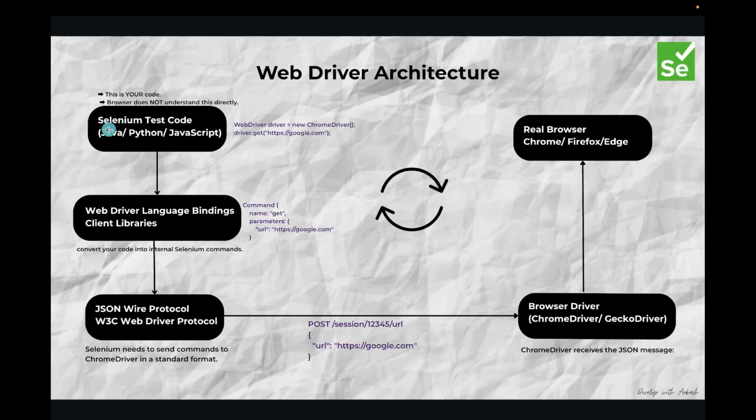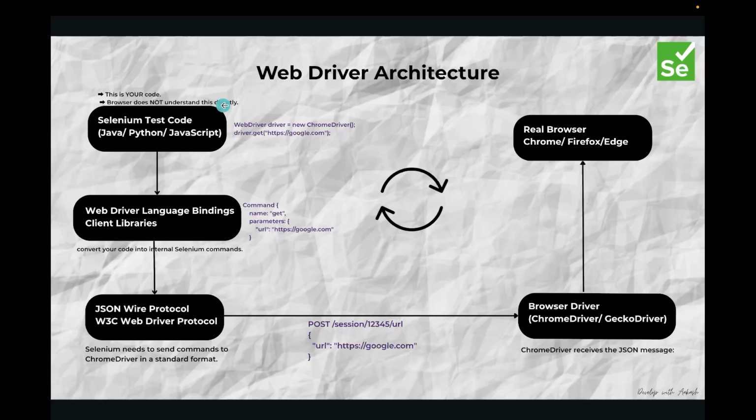Alright, so the architecture starts from here and it ends up here. So how does every part of this architecture communicate and what does everything mean? Let's understand one by one. When you see this Selenium test code, Java, Python or JavaScript, this is nothing but your simple Selenium test script that you write on your laptop or on your computer.